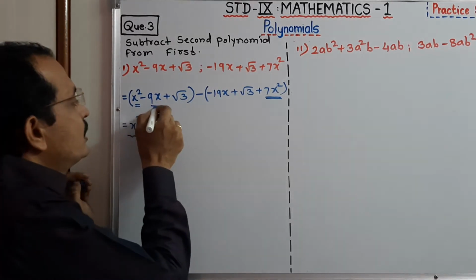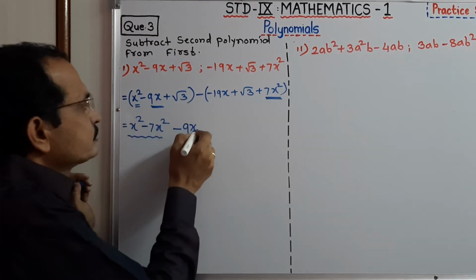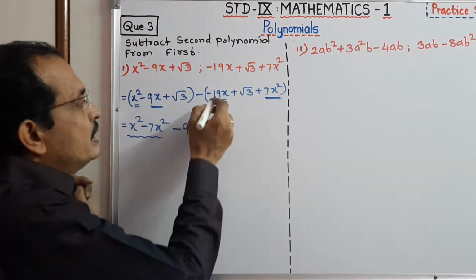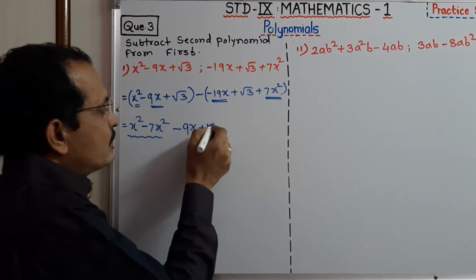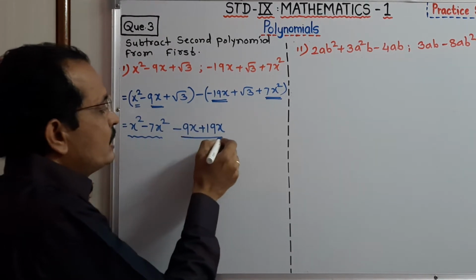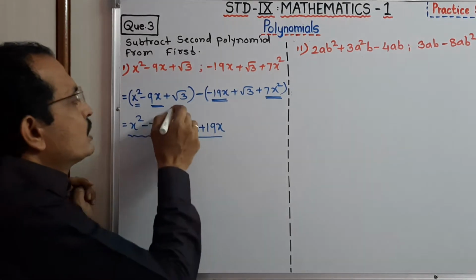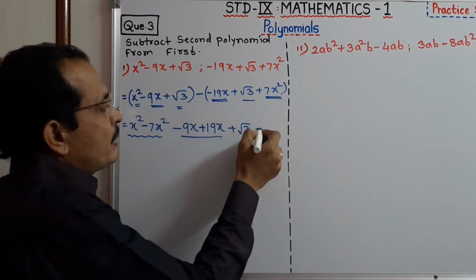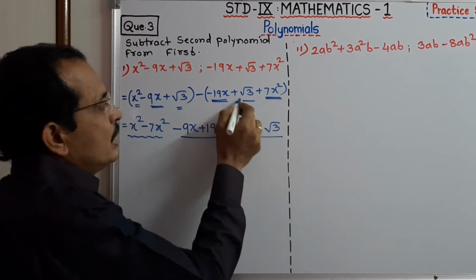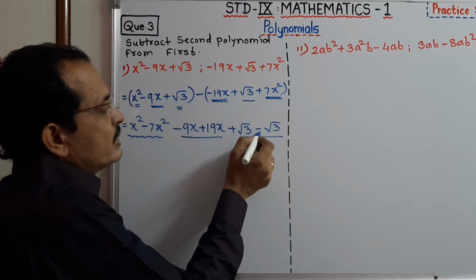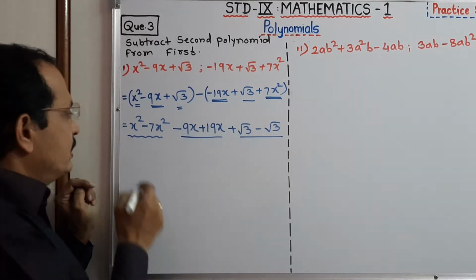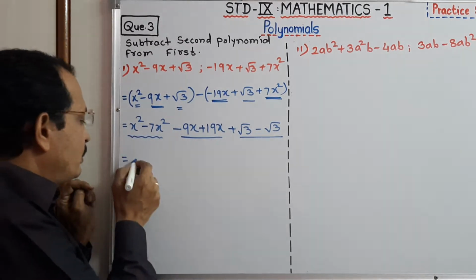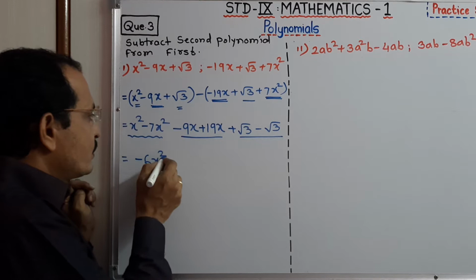Now see here, next term is minus 9x and here this minus 19x is the similar term, but this minus 19x will become plus 19x. The sign will get changed. Now the third term is a plus root 3 and here it is minus root 3. Any doubt? I change this plus sign to a minus because this minus sign is there. Now see here, 1x square minus 7x square, that will be minus 6x square.